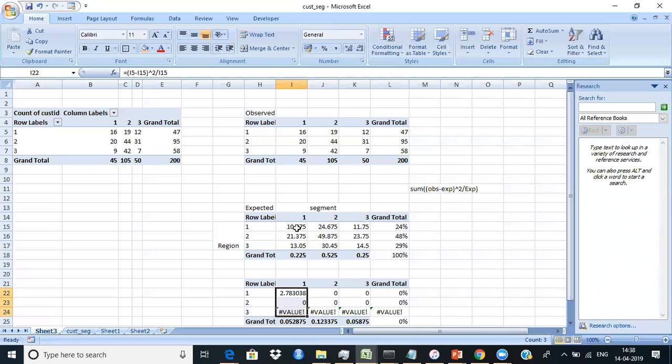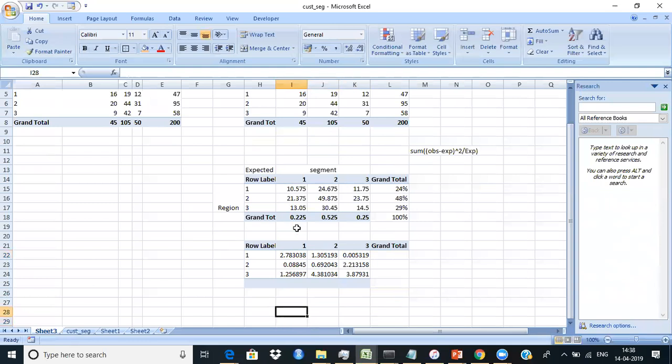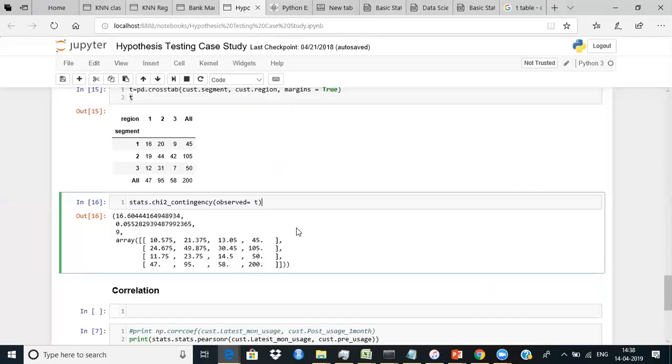So I will calculate this for all possible combinations, then I'll take a sum. 16.6, right? If you go back to Python, you got 16.6, right?